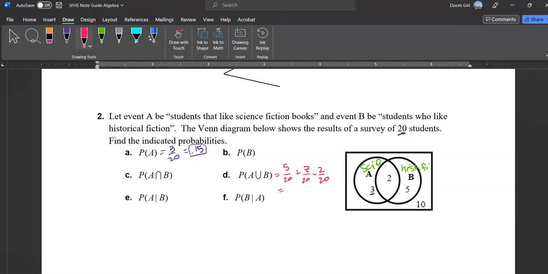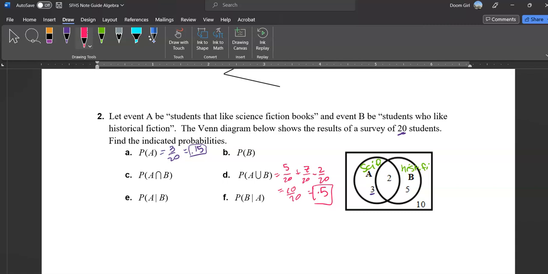So we end up with a grand total of 12 minus 2 is 10 out of 20, which is exactly half. So half of the students surveyed like either science fiction or historical fiction.